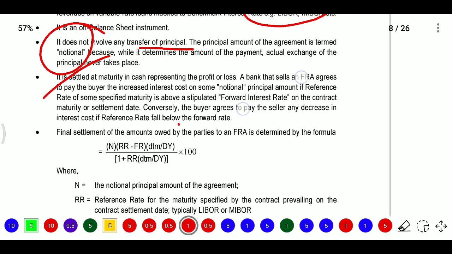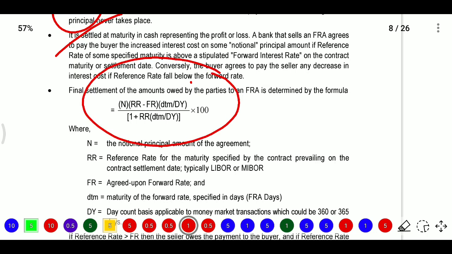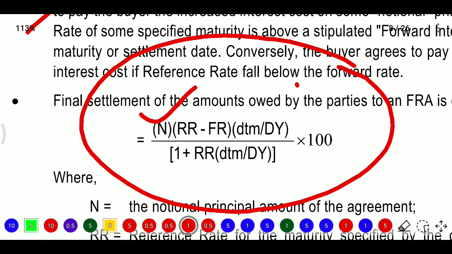Finally, the FRA formula is N × (RR − FR) × DTM/DY. We have discussed all the terms here. N is the notional amount, which means principal amount. RR is the reference rate. We started with the benchmark rate; the benchmark rate is also known as the reference rate.